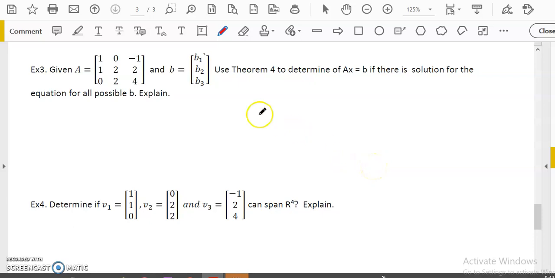Another one. So I have an A and a b, and I want to see if Ax equals b has a solution. So check if Ax equals b has solutions for every single b. By now, you know I would have to check the row echelon form of 1, 1, 0, 0, 2, 2, and negative 1, 2, 4, right?